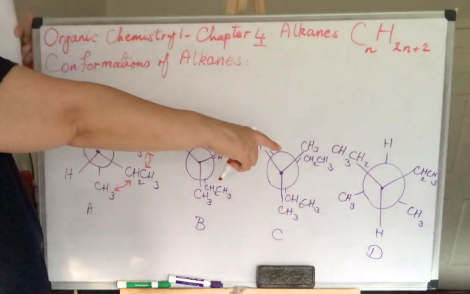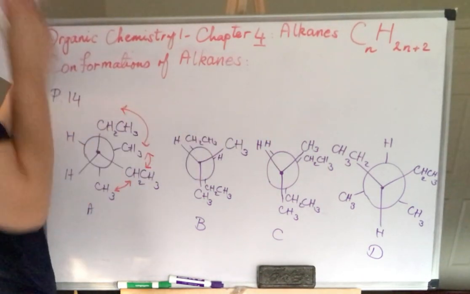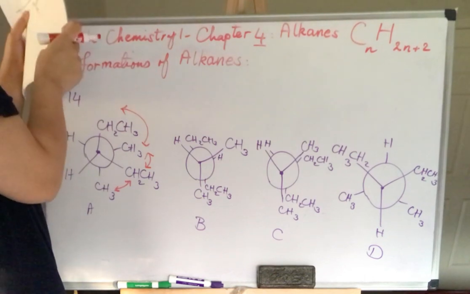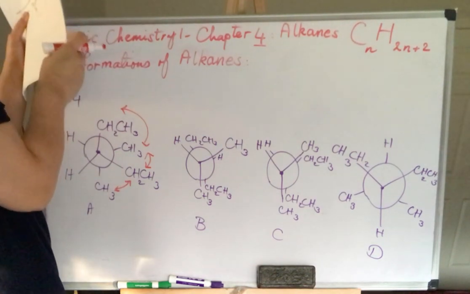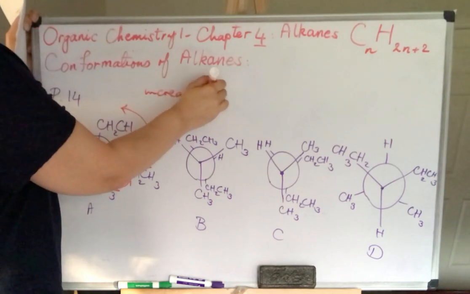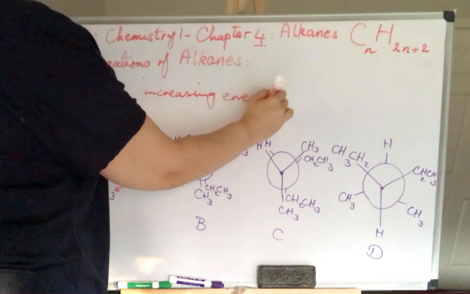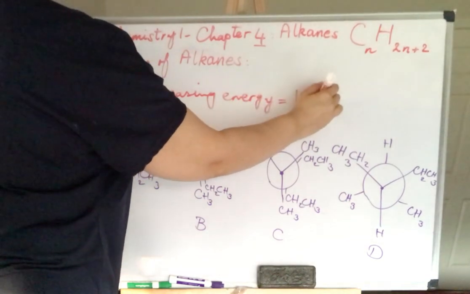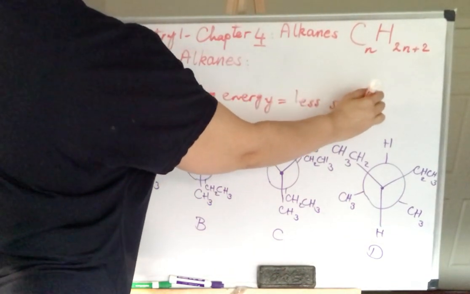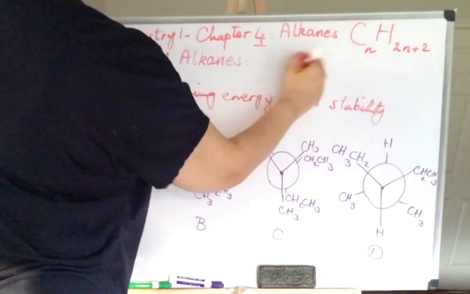So you have two 60 degrees away from each other and two eclipsed. So in order of increasing energy means less stability, means going towards eclipse.